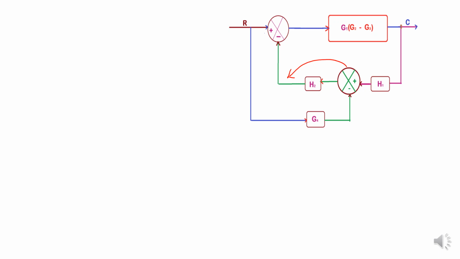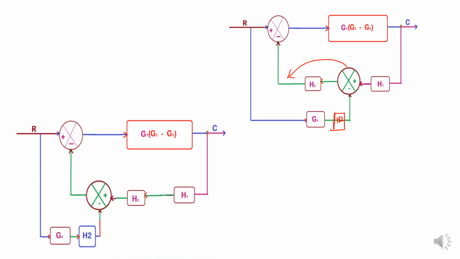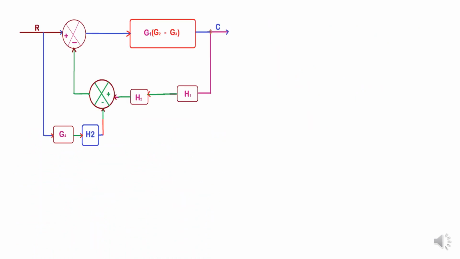I have to multiply H2 with the signal R. So I have to multiply H2. And next, H1 and H2 both are connected in series. G4 and H2 both are connected in series. Multiply H1 and H2, and here multiply G4 and H2.